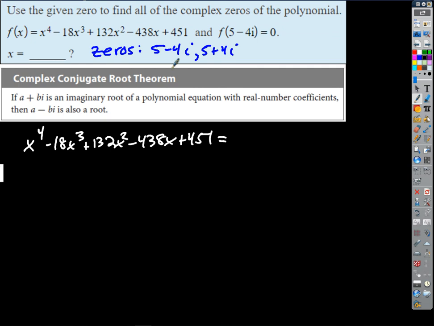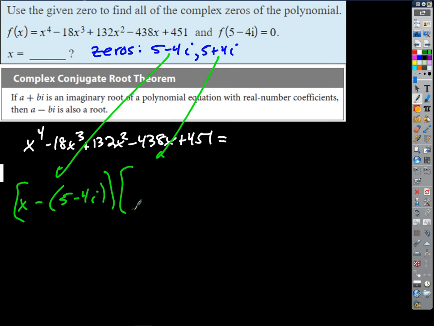That's going to give us x minus the quantity 5 minus 4i, right? So there's one factor. What's the factor that's going to go with that one? x minus the quantity 5 plus 4i.